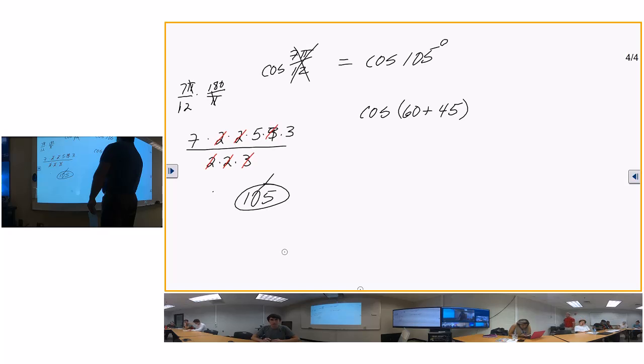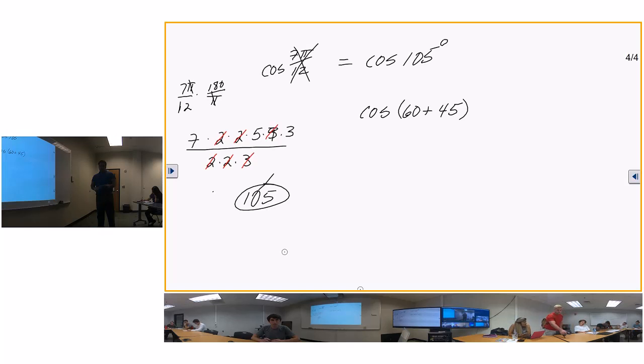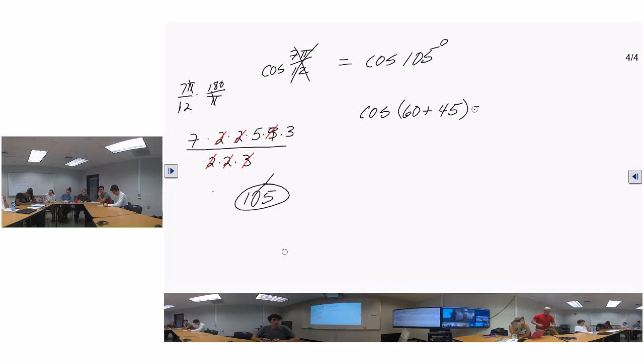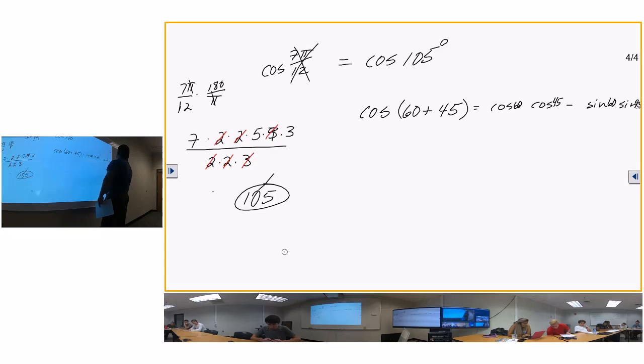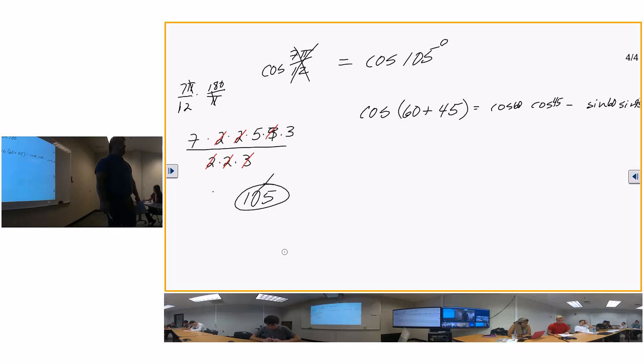And if you have your identity sheet, that's cosine, cosine minus sine, sine. 60, 45, 60, 45. Now all you have to do is draw out the special angles and write down what you need. I'll let y'all do that.